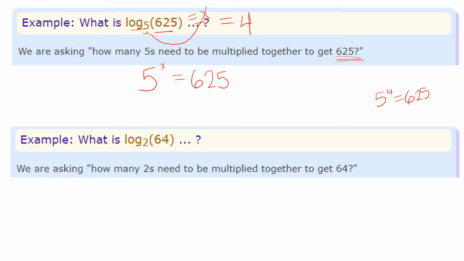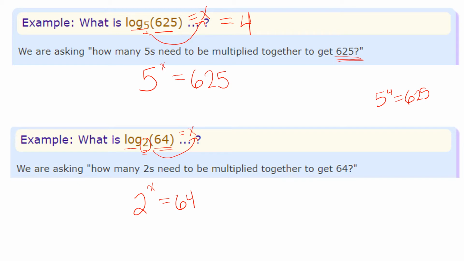Let's do another one. Log base 2 of 64. What does that equal? So again, let's set it equal to x. I always recommend with these logarithms, at least at the start, that we take every log and rewrite it exponentially. So 2, the base, raised to the x is equal to 64.